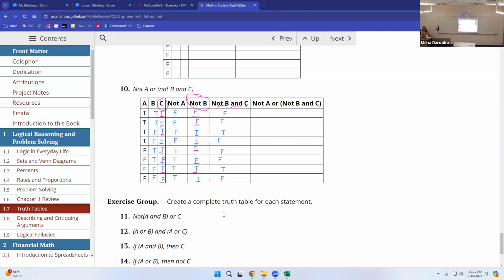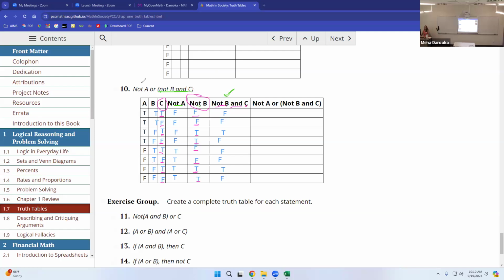So that takes care of the parentheses part, right? The not B and C was in your parentheses, which is what we have just taken care of right now. So not B and C is what this column was. And then, of course, we went ahead and did the individual not A, not B. So you've done all the smaller parts. Now you want to do the entire statement together.